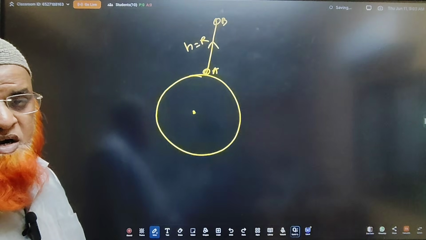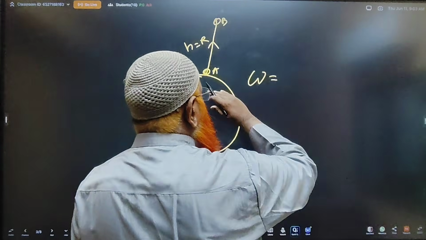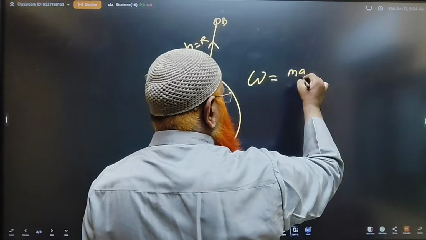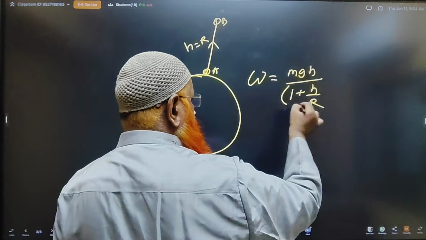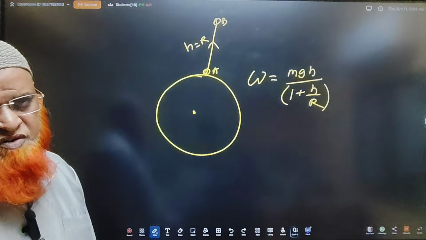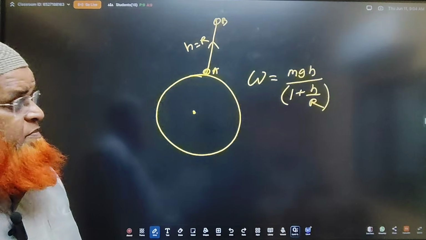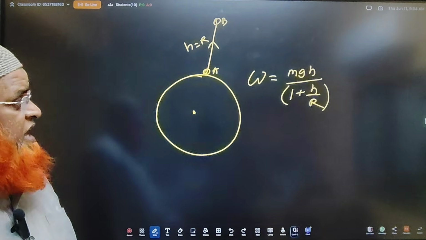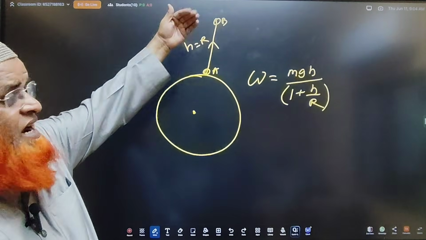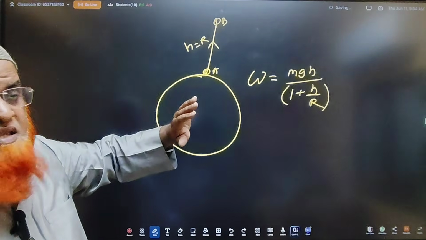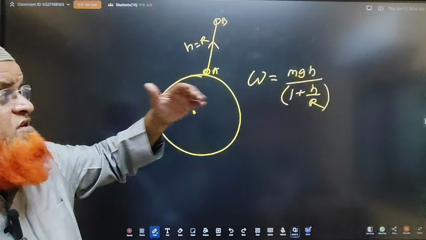For that I have created one shortcut formula. The weight of the body when you take it from here to there, what happens to the weight of a body, we can write as mg by (1 plus h by R) squared, which is the shortcut formula. I will derive and show how you get this shortcut formula. So when you take a body from the surface of the earth to a certain height equal to the radius of the earth, or to a height equal to double the radius of the earth, or triple the radius of the earth, then what happens to the weight of a body?